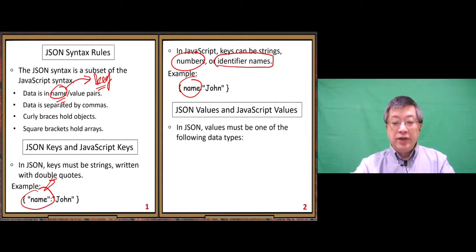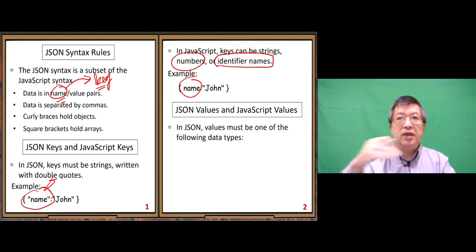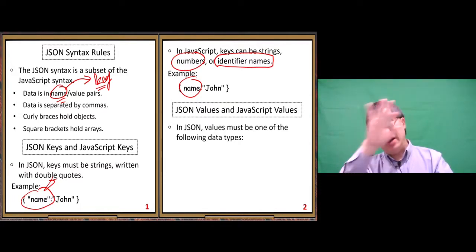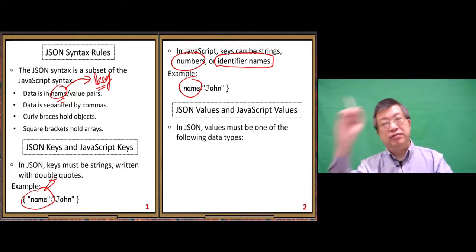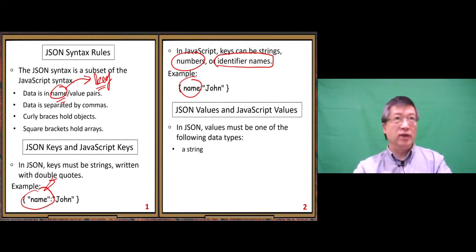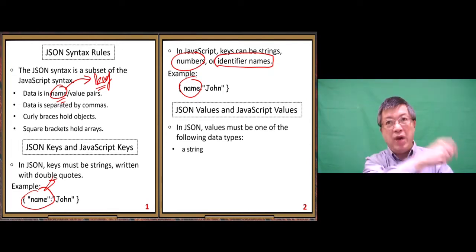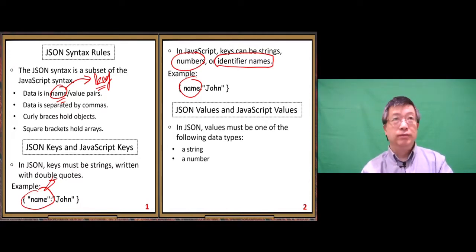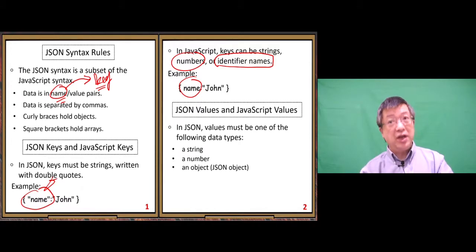So in JSON, values must be one of the following data types. So let's look at what are those types. It could be a string. String is the value of a property. Could be a number. No double quotes. Just a number directly. Could be an object. JSON object.